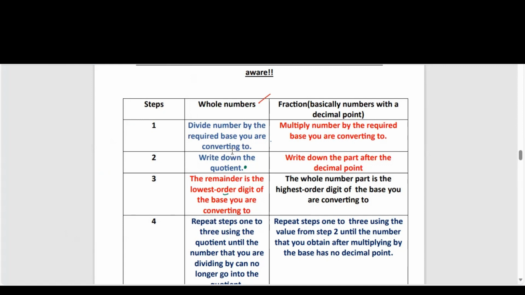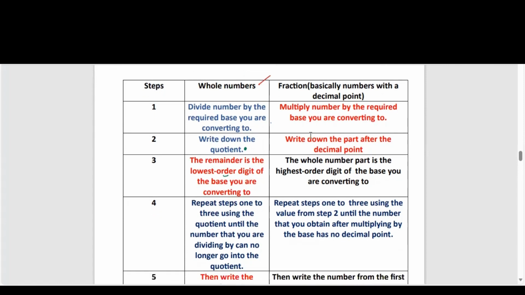You'll notice the steps are kind of parallel. When you convert fractions, instead of dividing, you multiply. The thing you keep in mind to use again and again is whatever is after the decimal point.